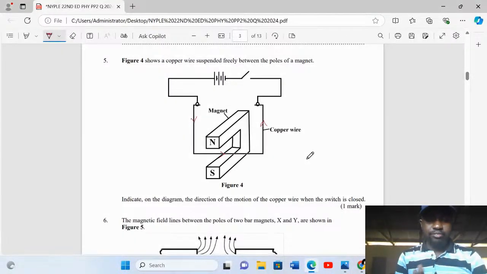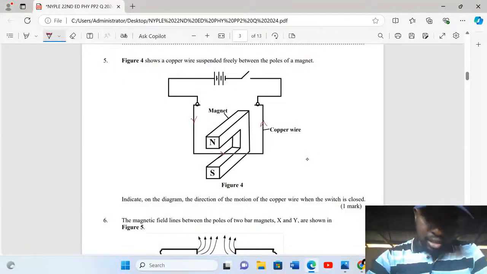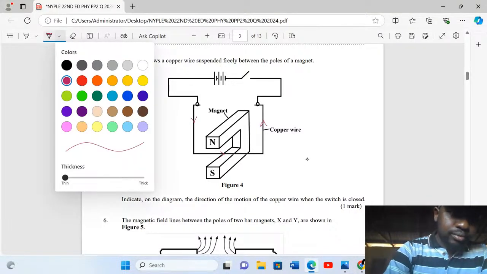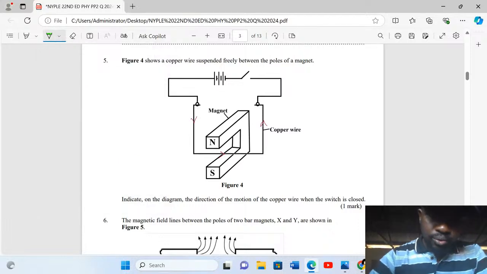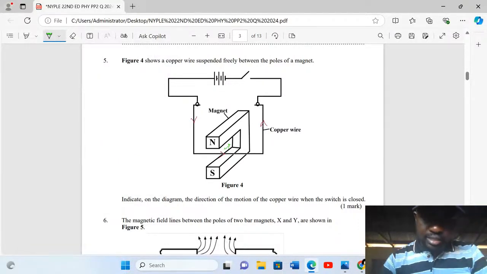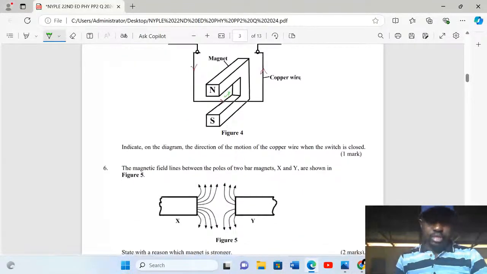If you apply Fleming's left-hand rule, you'll find that, at long last, the resultant force will be moving towards the inner side of the magnet. We can move on to the next question.